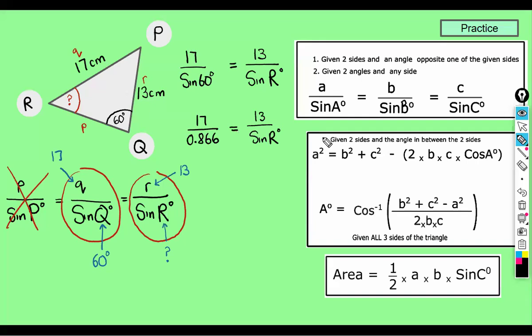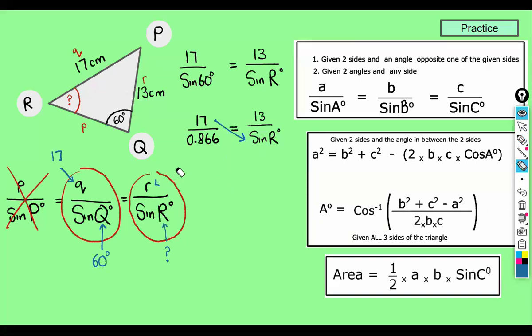Once again, we are trying to solve for R. So let's cross multiply. I always cross multiply the diagonal of the letter involved. So if I'm trying to find R, I will always cross multiply that diagonal first, right?